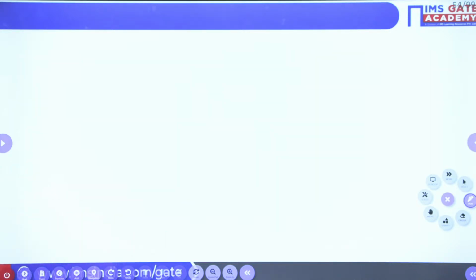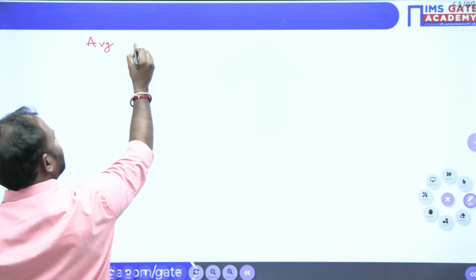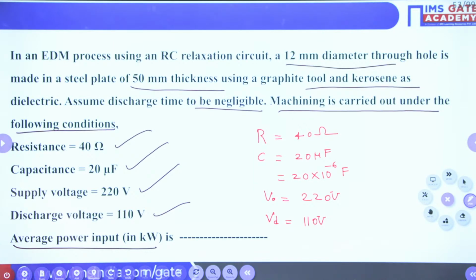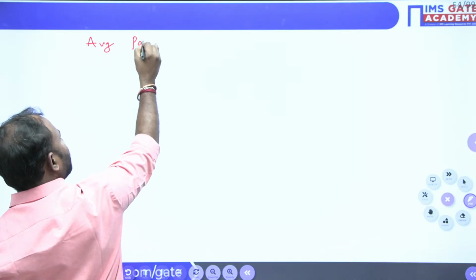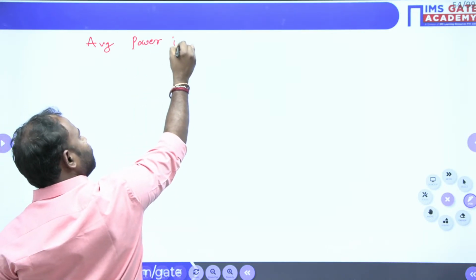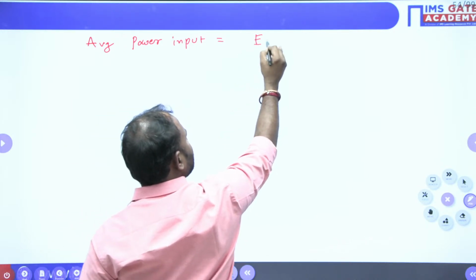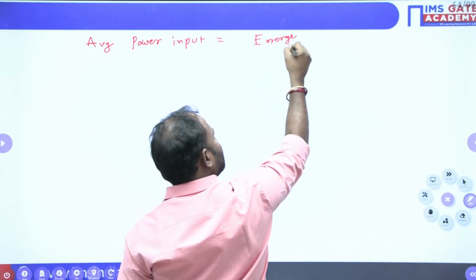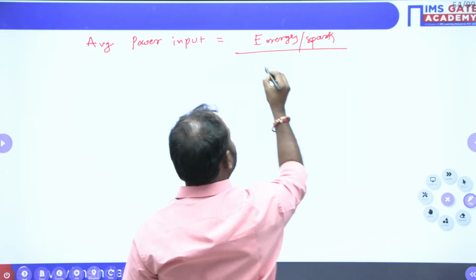Now here, average power input is equal to energy per spark divided by cycle time.